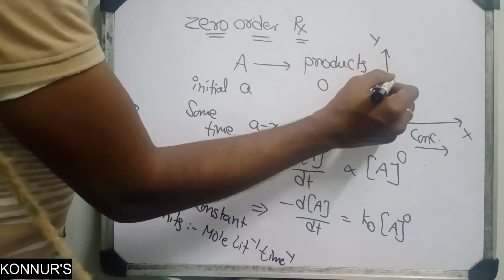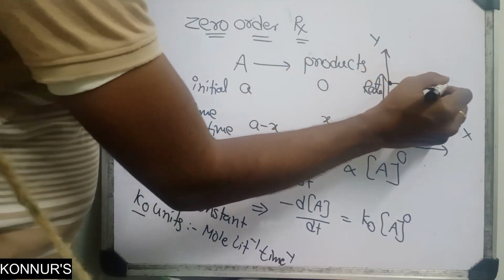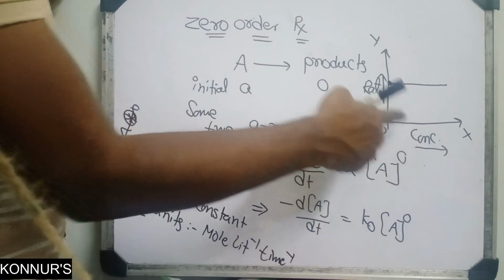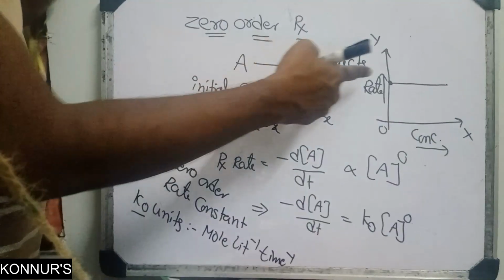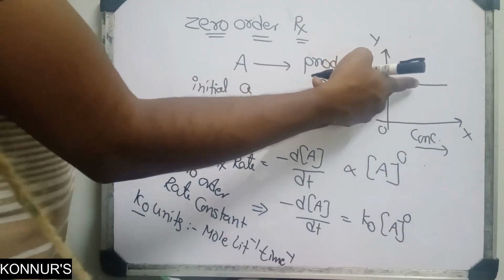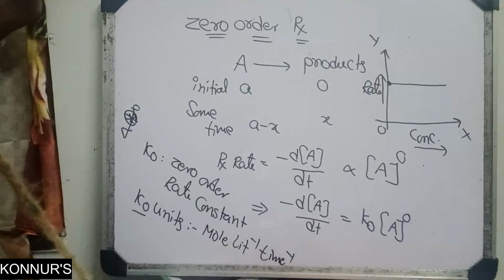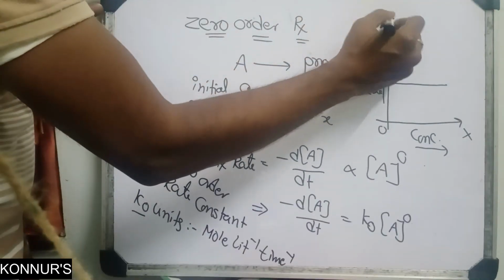So the graph of concentration versus rate for zero order is a straight line, parallel to the x-axis.